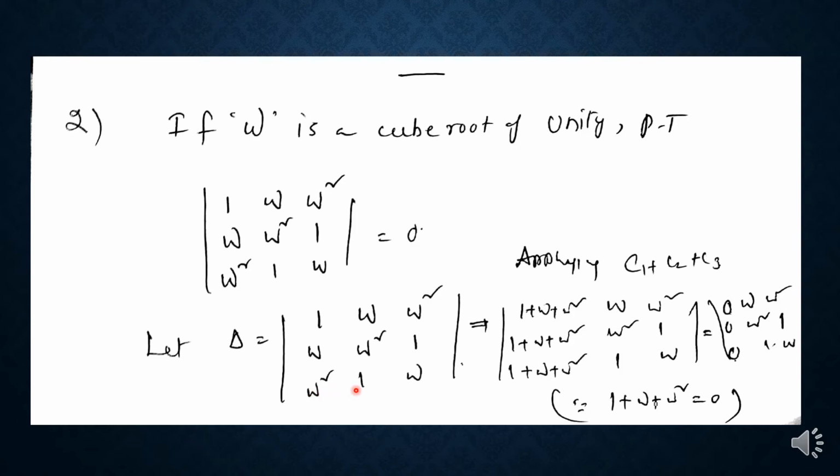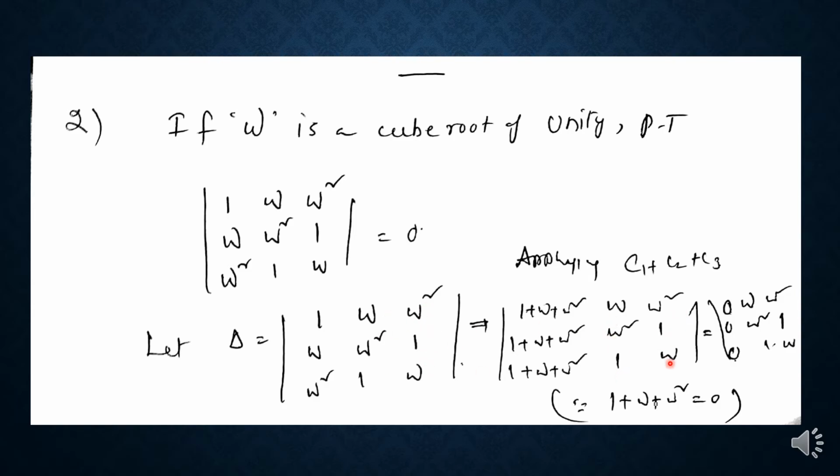By adding these three columns, we write in the first column 1 plus omega plus omega square, and so on for each row. The second column does not change, so omega square, 1, and the third column is also not changed.